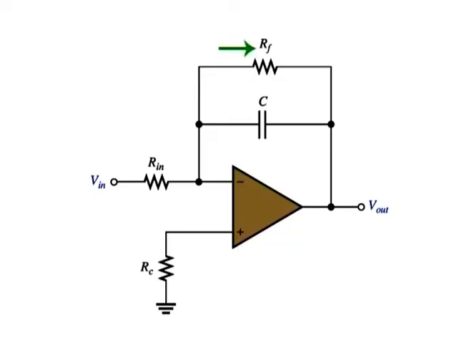The feedback resistor RF should be large compared to the input resistor Rn in order to have a negligible effect on the output waveform. In addition, a compensating resistor Rc may be added to the non-inverting input to balance the effects of bias current.